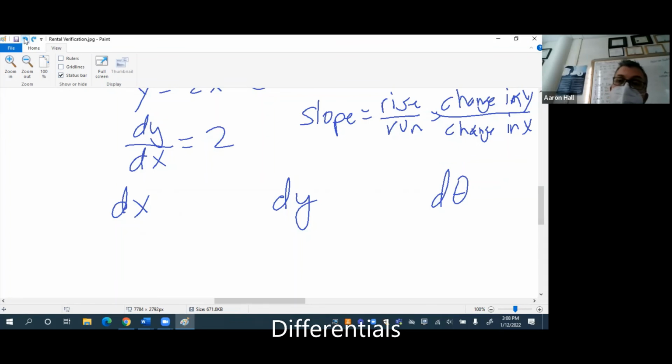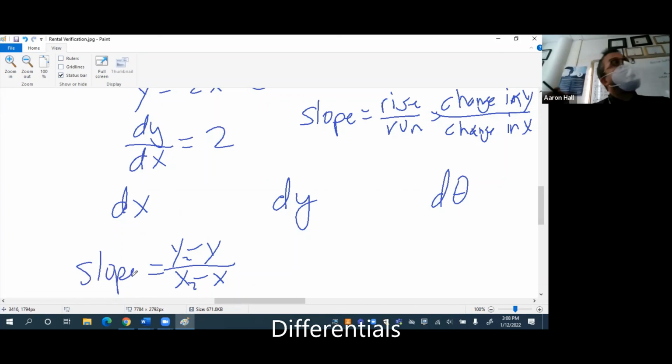Yeah, because you're thinking of the average rate of change. If you're thinking of the difference in y over the difference in x, isn't that the average rate of change? Just generally speaking, when we talk about slope, we're talking about the change in y over the change in x.